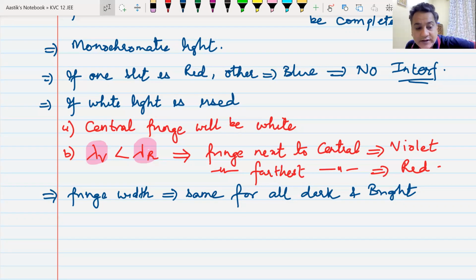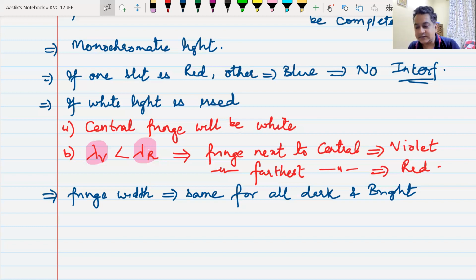So in that case, you have two coherent sources, one the object and the other the reflected image. When light gets reflected, it undergoes a phase change of 180 degrees.